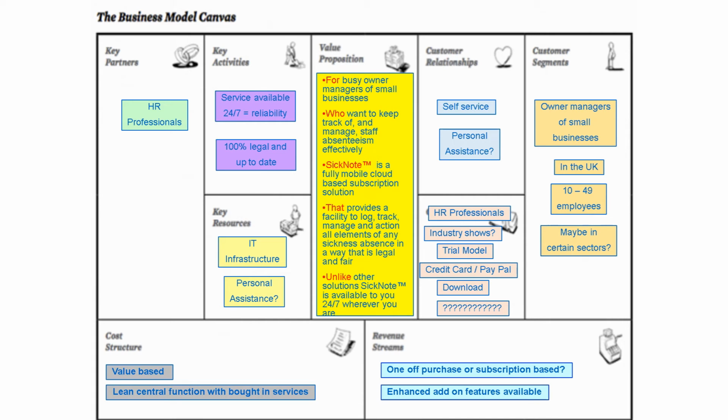Okay, so you now have a first stab at your business model canvas, George, but I think we've recognised there are some ideas that need developing and some things that need testing out in the real world.